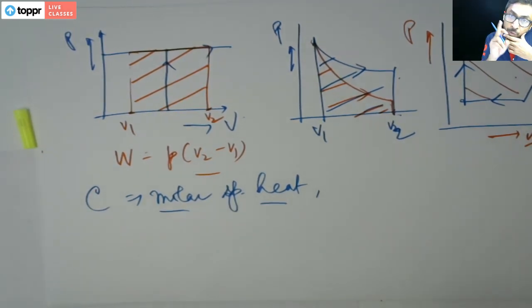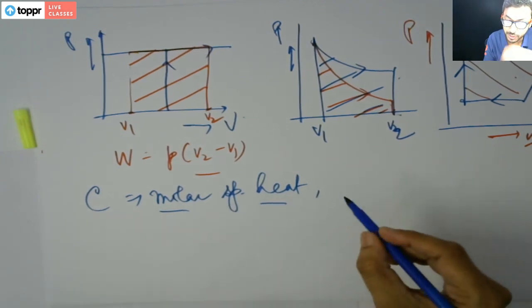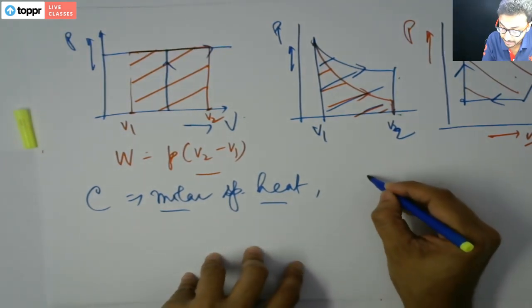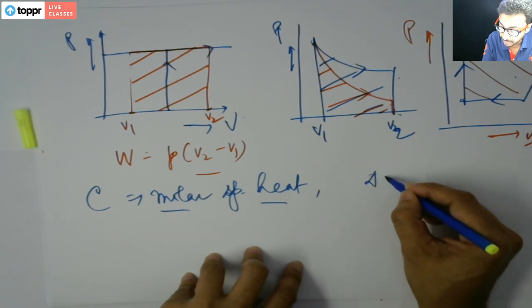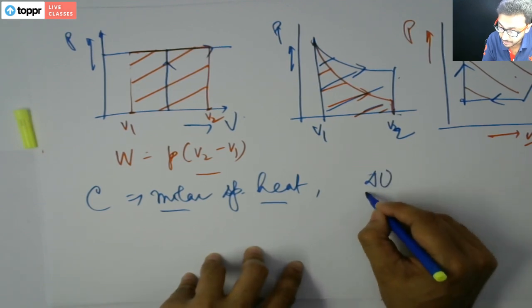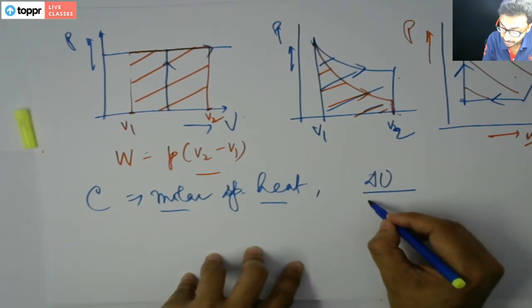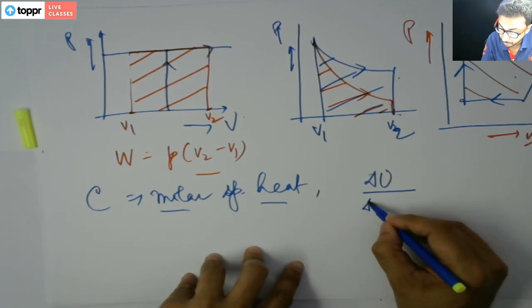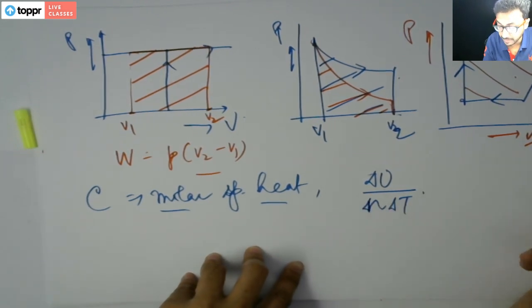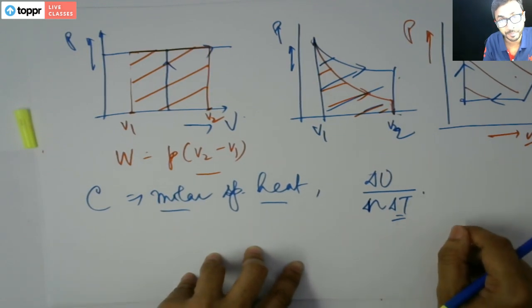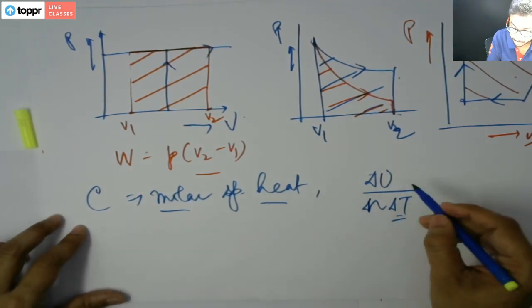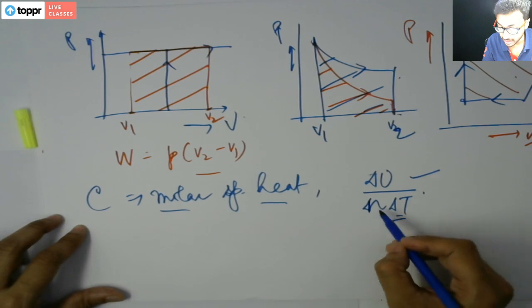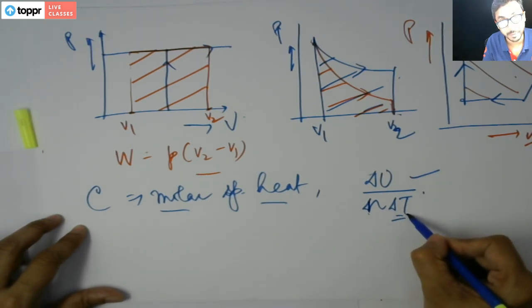Heat per mole per unit change in temperature. When we talk about molar specific heat, it is the heat, del Q, per mole per unit change in temperature.